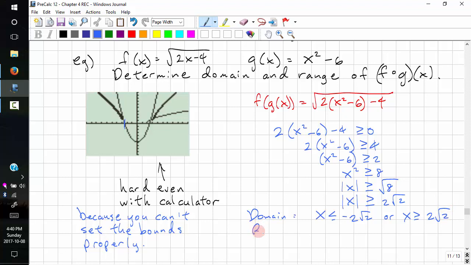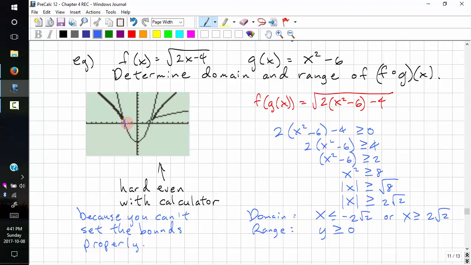And the range, if we substitute 2 root 2 into here, we'll get 0, because that's what we're solving for here. If we replace this with an equal sign, we will get equal to 0. So if we have this be equal to 0, we're doing square root of 0, so y is greater than or equal to 0.